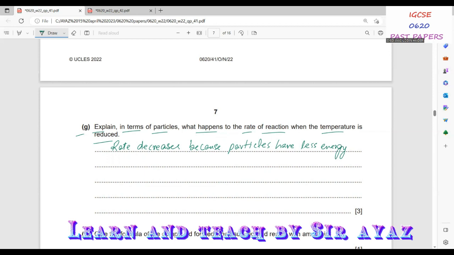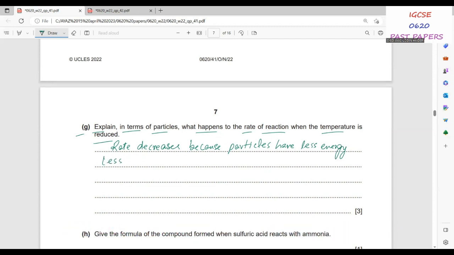There will be less collisions between particles per second.